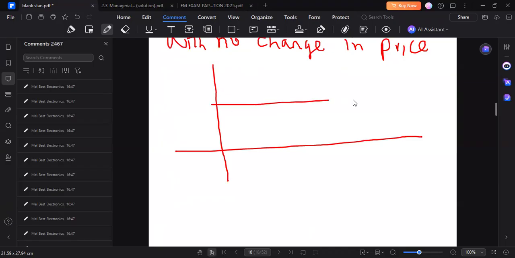The curve comes like this. You can demand more and more units at the same price.